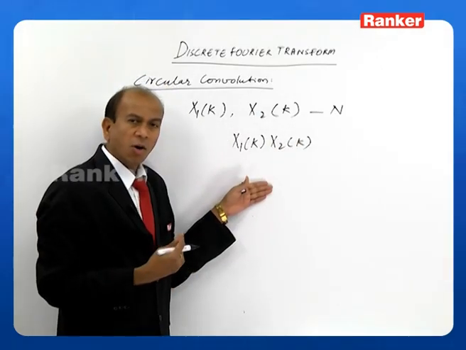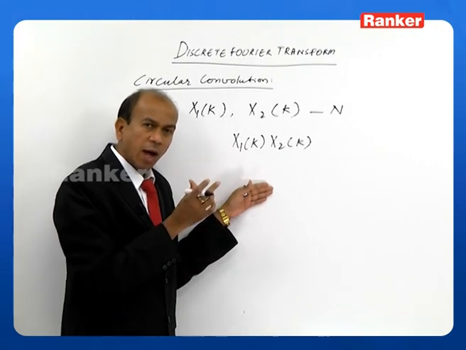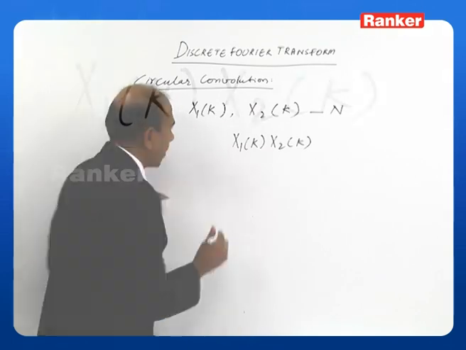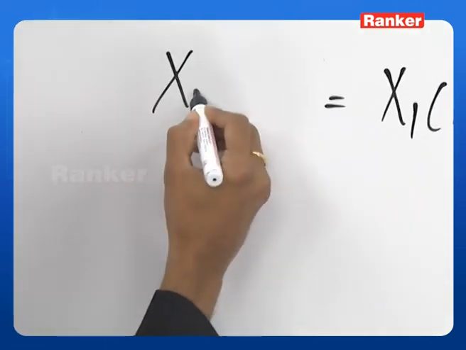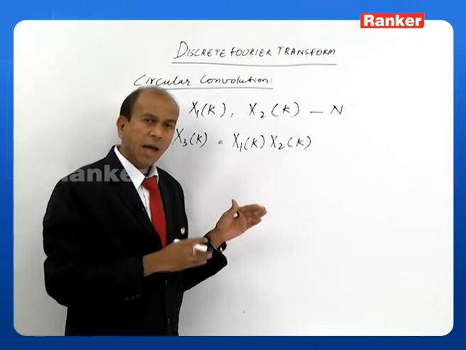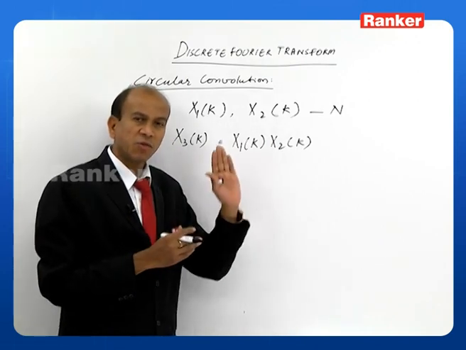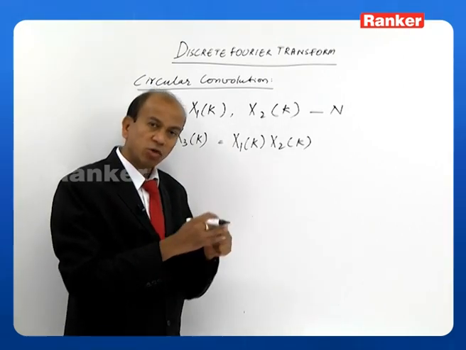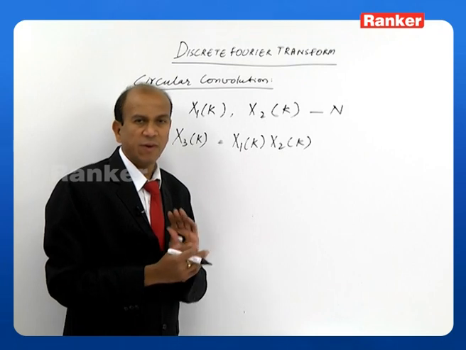Let me call the product of these two X3 of k, which is also a DFT. That means I am multiplying two DFT sequences of length N, and the product is also a DFT sequence of length N.